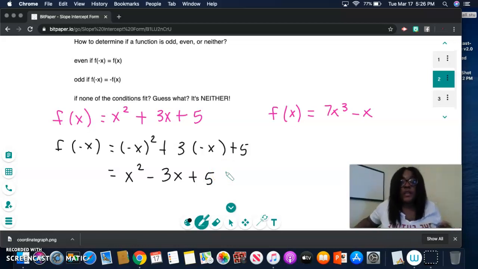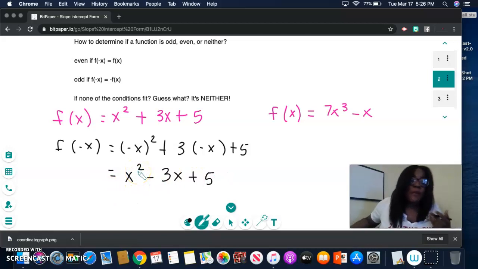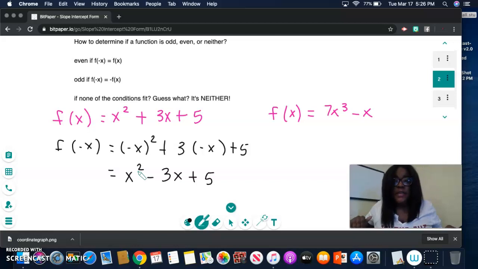From here, what we're trying to determine is if this is an even function, an odd function, or neither. First thing first, when we look at the degree, the highest degree is 2, so it possibly could be an even function. However, if you end up with the exact same function you started off with, which means all the signs are the same, the function is even.